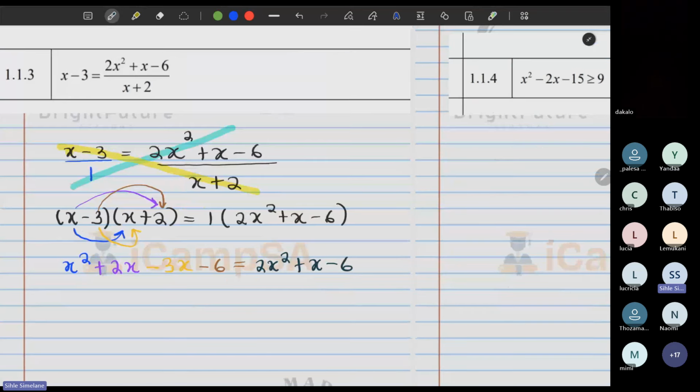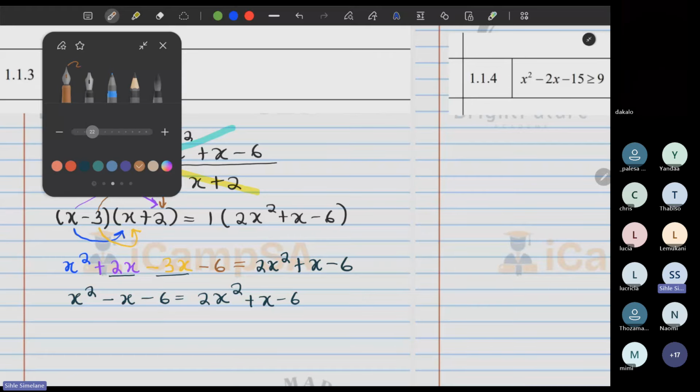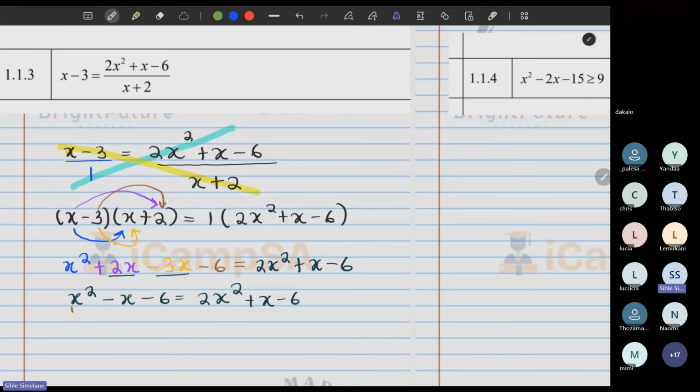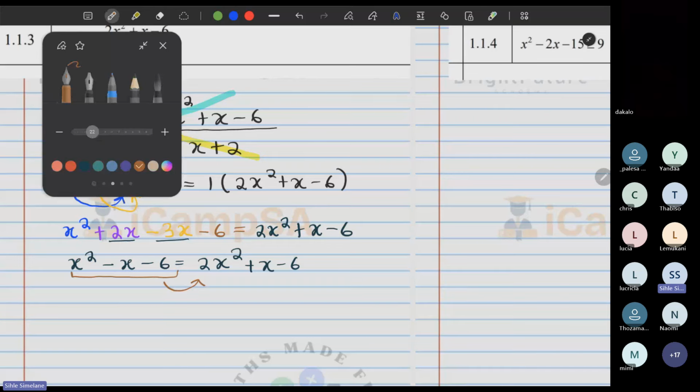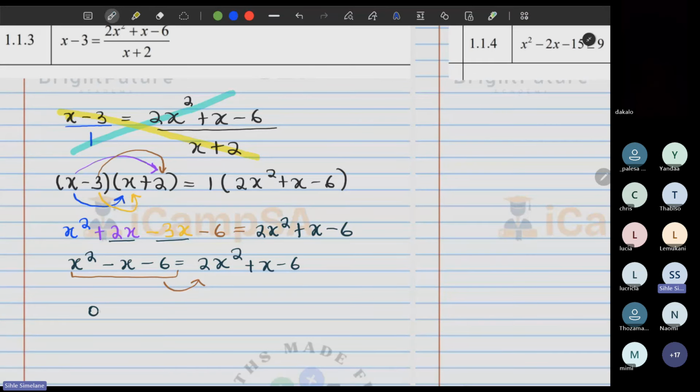No problem. So let's quickly collect these like terms, guys. We have 2x minus 3x. By now, you should know that 2 minus 3 is minus 1. So we'll have minus x, minus 6. And then we have 2x squared plus x minus 6. So now what we can do is take all of these things to one side. I'm going to choose to take them to the other side, meaning we are leaving a 0.